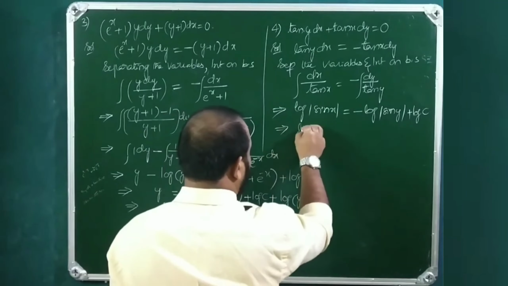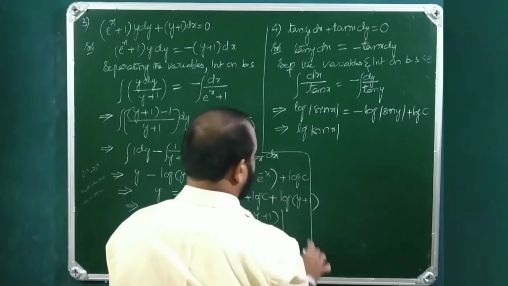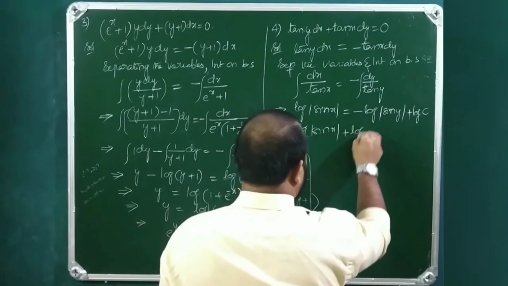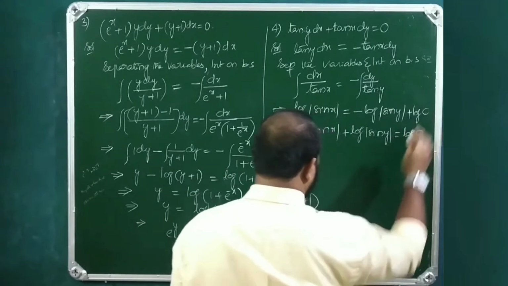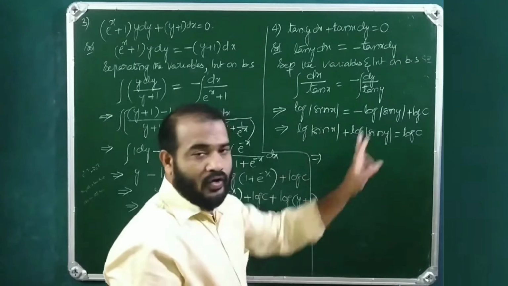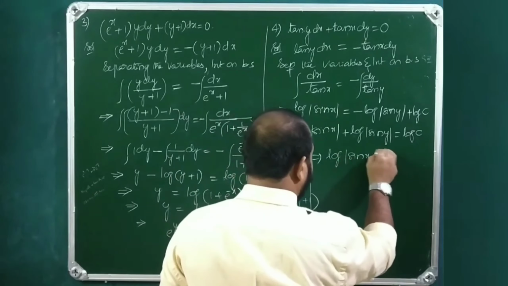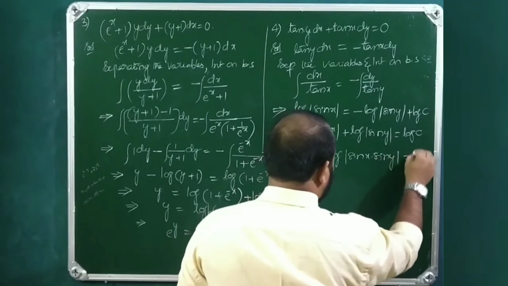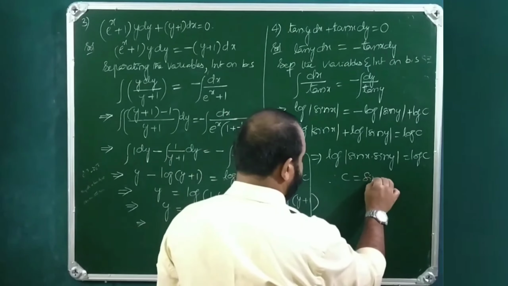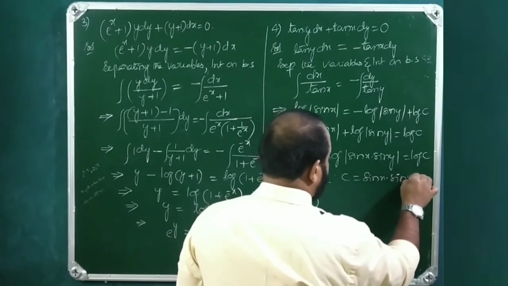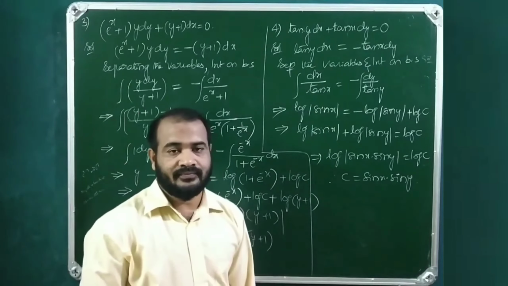So this is log sin x plus log sin y is equal to log c. So this is log a plus log b is log ab. So log sin x into sin y is equal to log c. Therefore, c is equal to sin x into sin y, which is the required general solution.